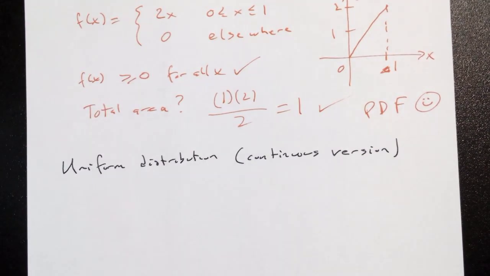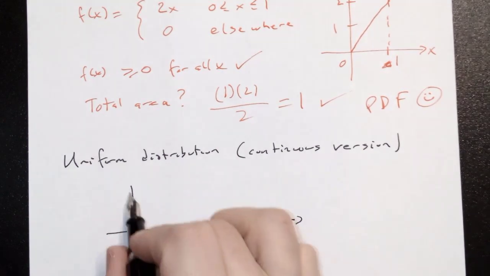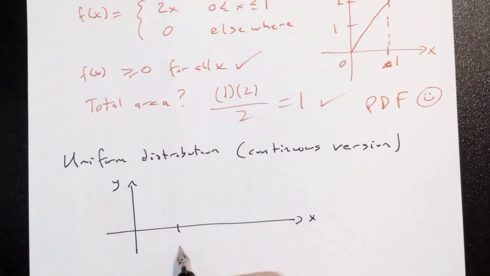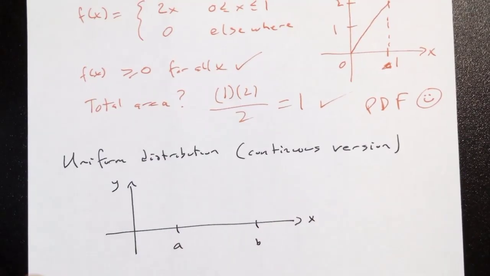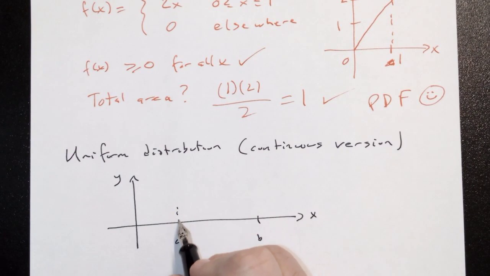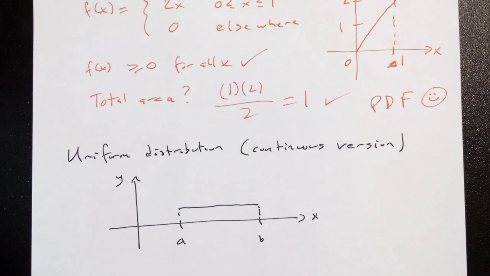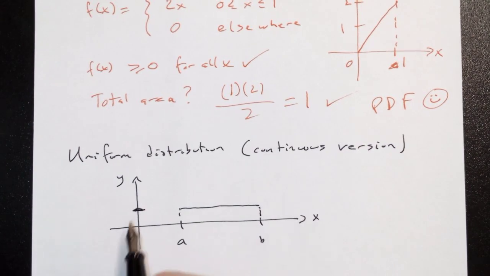Well, this is going to look like a horizontal line, just like we were looking at in the previous picture. I just need to make sure that the length and the height match to give me 1 as a total area. So let me think about this from a picture standpoint. My function should be 0 outside of this section from A to B. And it should be some height here.